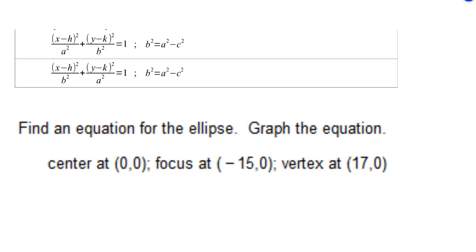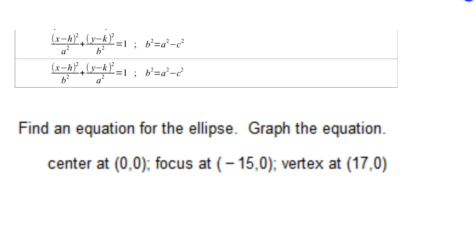A is always the larger value, and that'll indicate the longer side. So having an a under the x term means the orientation is horizontal, and having an a under the y term means the orientation is vertical. So if the larger value is under x it's horizontal, the larger value under y, it's vertical.